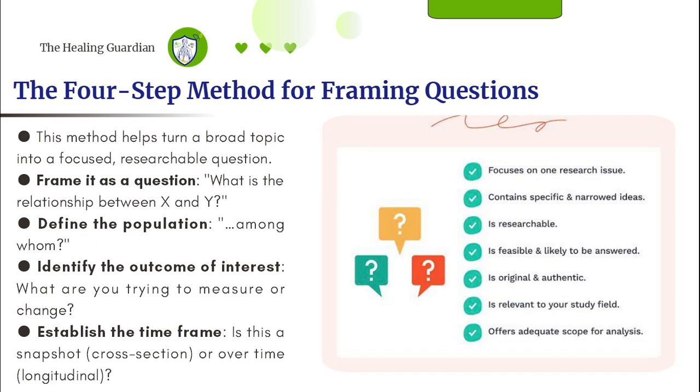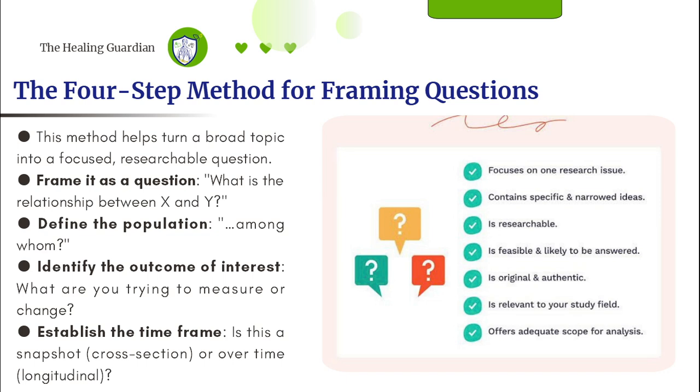So framing questions can be done in 4 steps. When you're framing your research question, you have identified the topic you want to deal with, you have done a literature review, and you have got the gap you want to fill. Now you say, how am I going to frame my research question? The first thing, it should be in form of a question, not a sentence. For example, you can say, what is the relationship between X and Y?